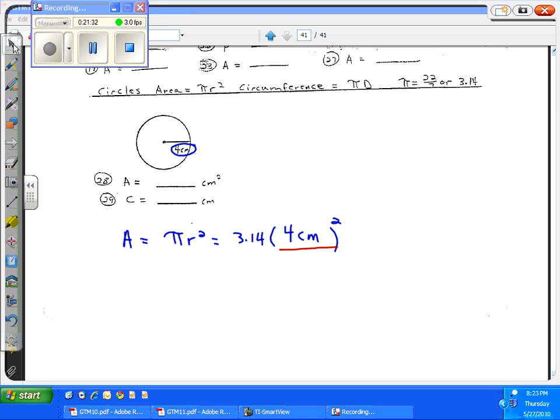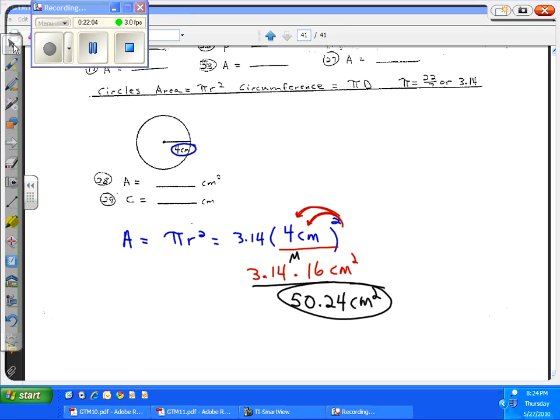We do the exponent first: 4 squared is 16 centimeters squared. Now we multiply. 16 pi is 50.24, so we get 50.24 square centimeters.